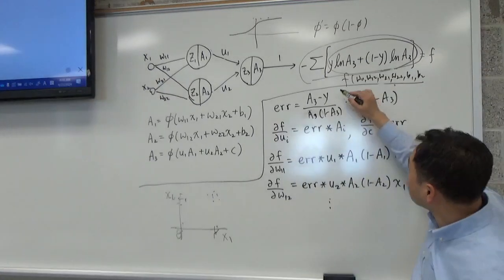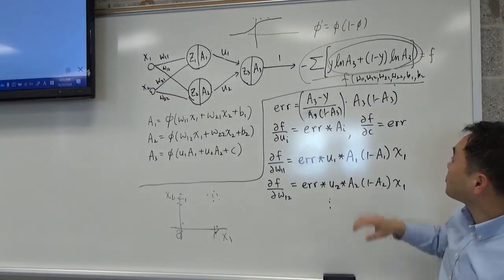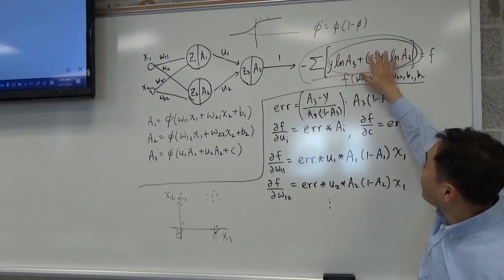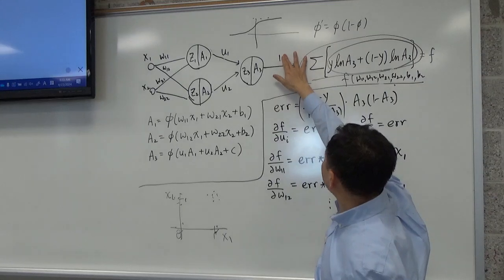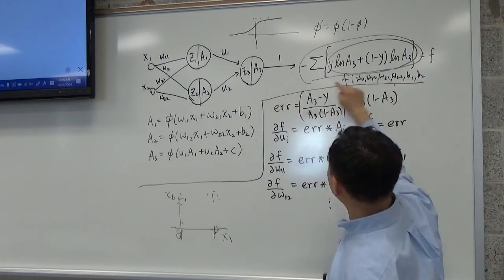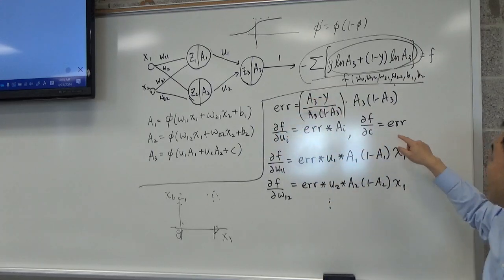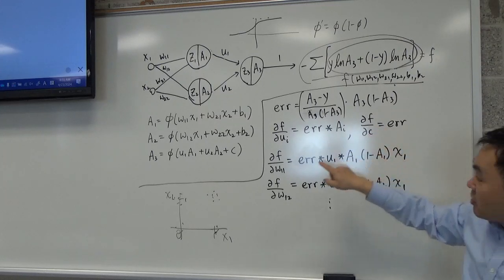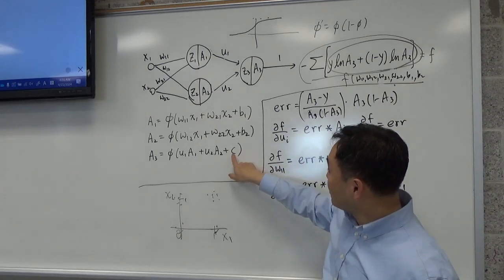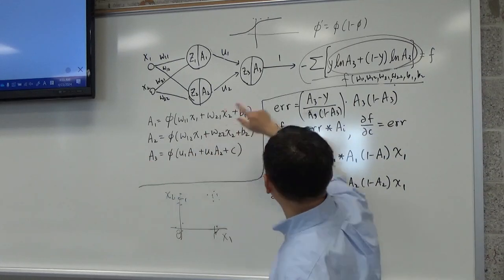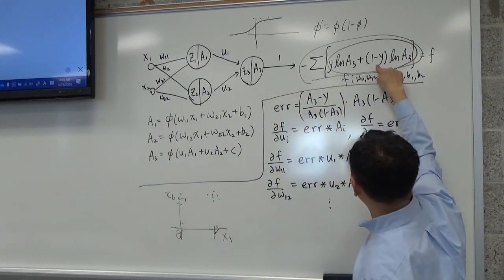But I like this format better because, first of all, this is the derivative of this one. And then times 1 times the derivative of this thing. That's what the error is. And that is the rate of change of f with respect to c. Because if you look at c, changing c affects what? Changing c affects a3, which in turn affects this final function.